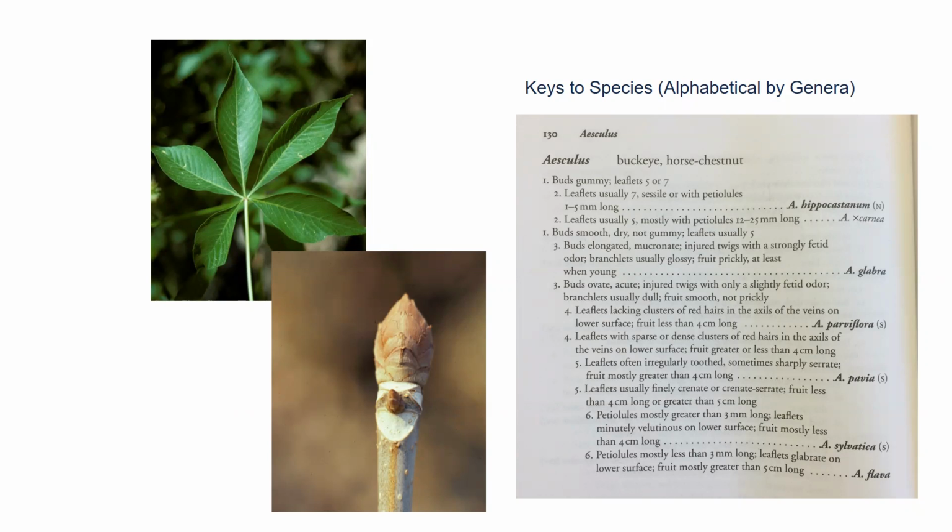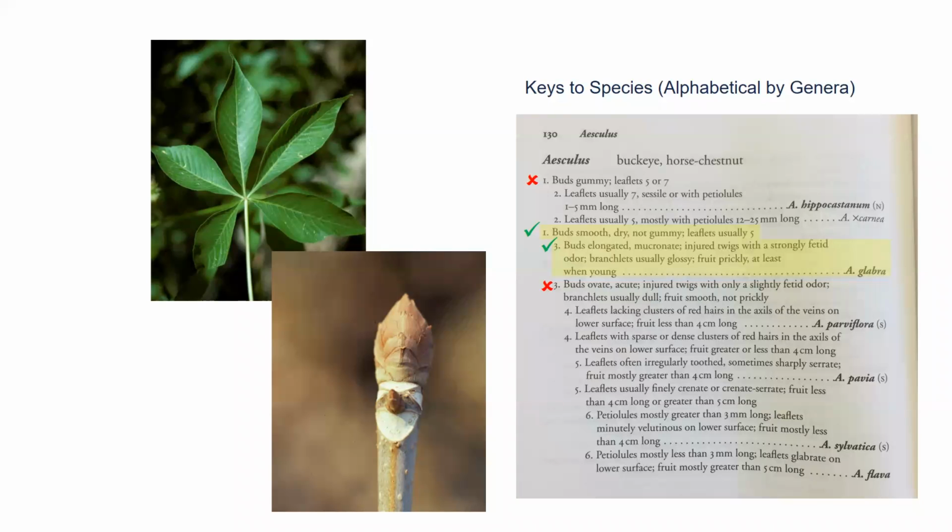Same type of thing. We have a dichotomous key. Looking at that bud, it is definitely not gummy or sticky. So we know it's not the horse chestnut. We know that it is smooth, dry, not gummy, and it talks about the leaflets on that leaf having usually 5. So based off of that, we again know that feature.